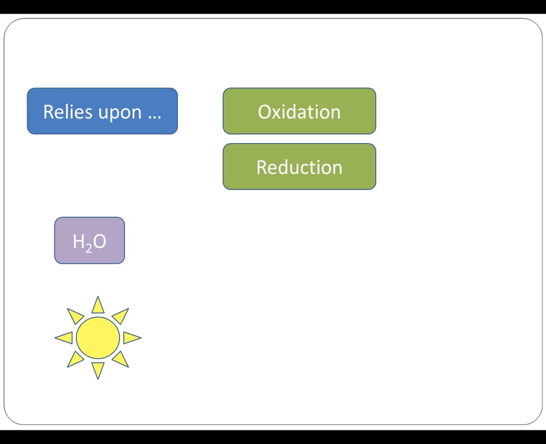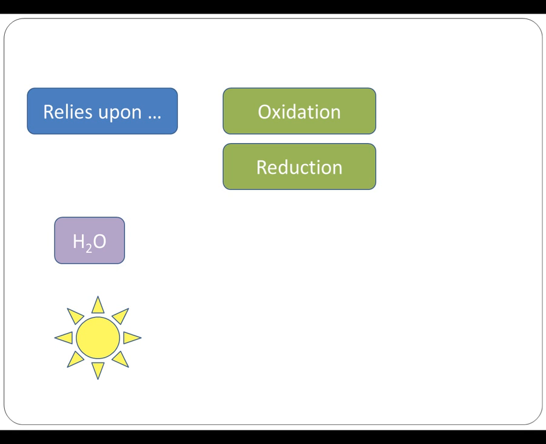Water is going to be the actual source of electrons. So the sun gives us light, which is energy. The water gives us electrons.